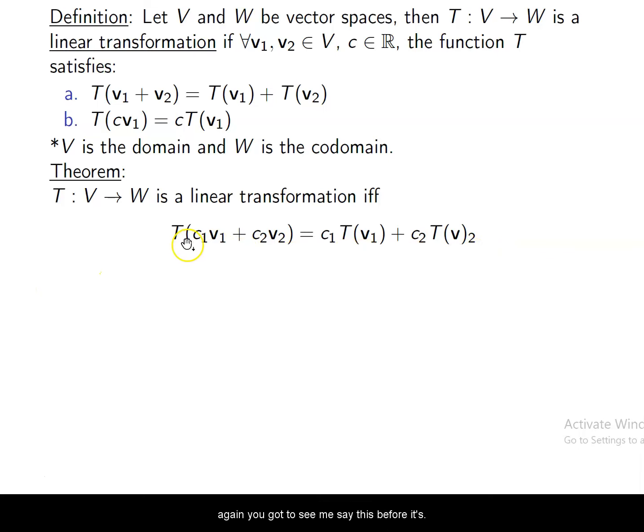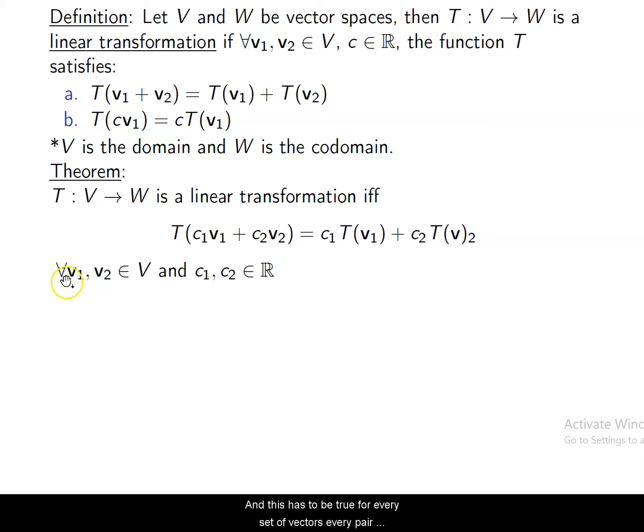So again, you guys have seen me say this before as well. Okay, and this has to be true for every pair of vectors in our vector space V, and for every pair of scalars, such that we're taking a transformation of a linear combination in this fashion.